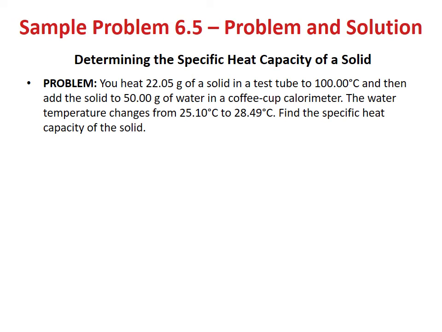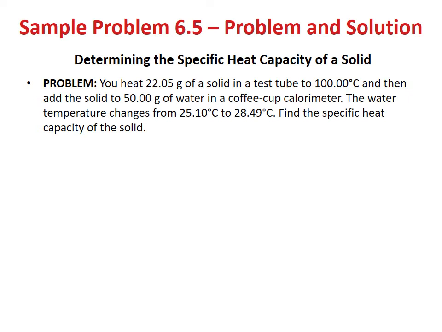Sample problem 6.5. You heat 22.05 grams of a solid in a test tube to 100 degrees, and then add the solid to 50 grams of water in a coffee cup calorimeter. The water temperature changes from 21.1 to 28.49 degrees. Find the specific heat capacity of the solid.